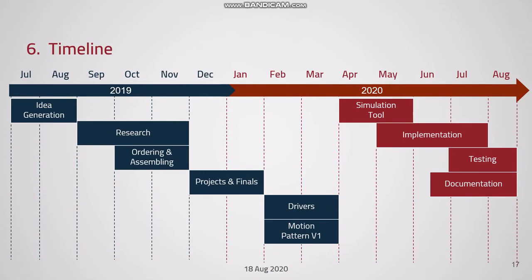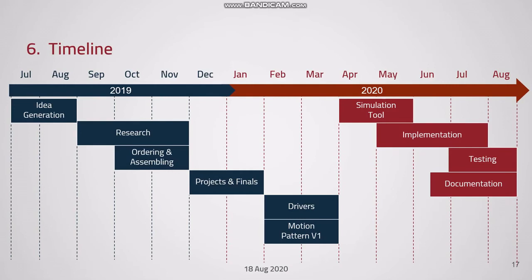We also implemented a version of the motion pattern that works on our hardware model. We tested it and we had good results. But after that, the COVID-19 problem started. We tried for about a month to continue working on the hardware, but it was really very hard.